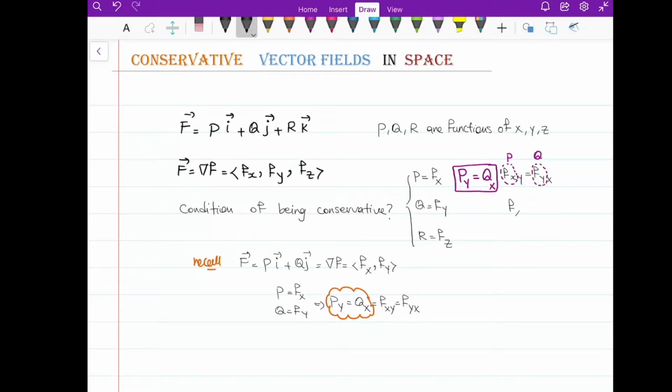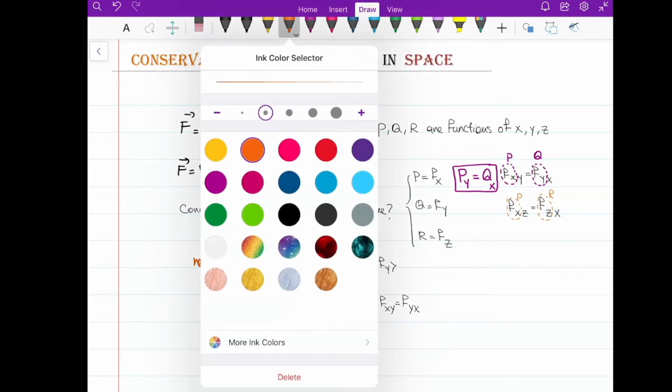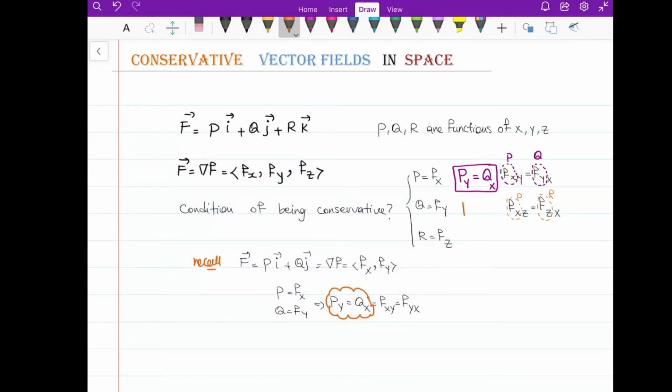Then fxz is equal to the partial derivative of f with respect to z and then x. Okay, let's see. I'm going to make my pen smaller. fx is P, fz is R. So based on that, P with respect to z should be equal to the partial derivative of R with respect to x. This is the second condition that I need to check.